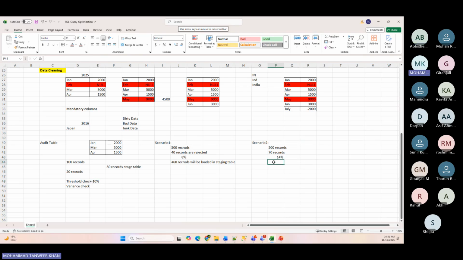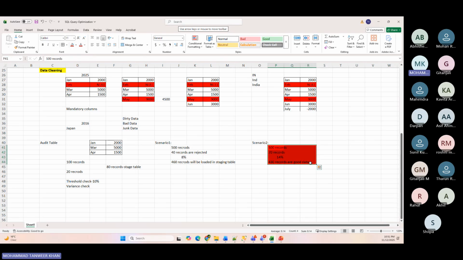Then I will tell the source team that I'm not going to load any data at all. I know that 500 minus 70, 430 records, are good data, but even then I will not load it. I have to reject the entire file because more than 10% of records are rejected.